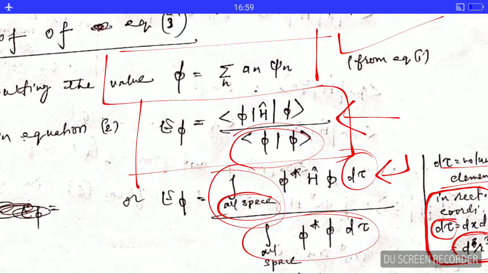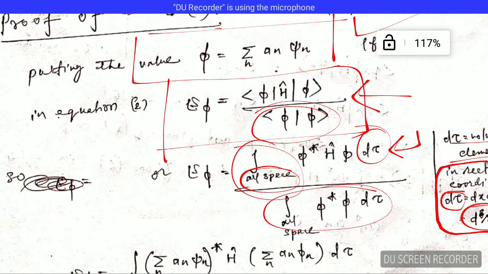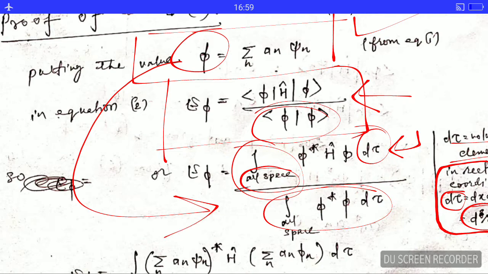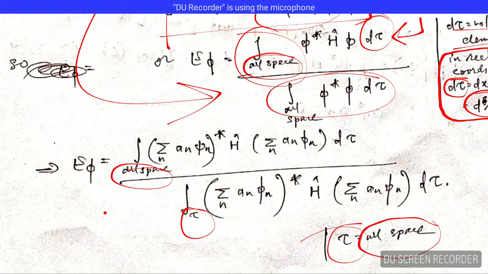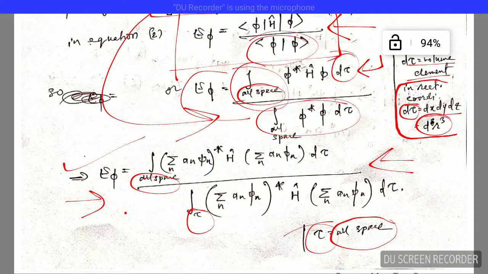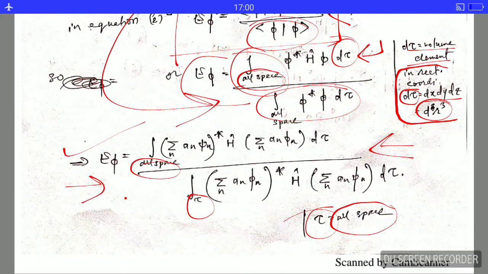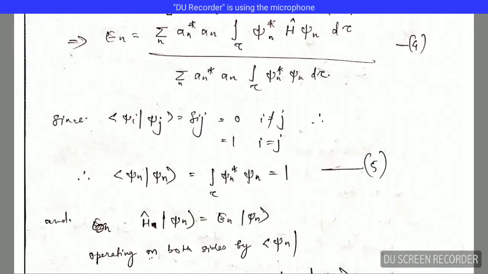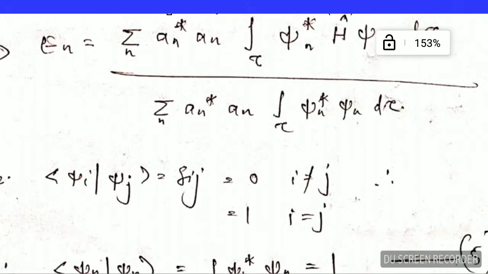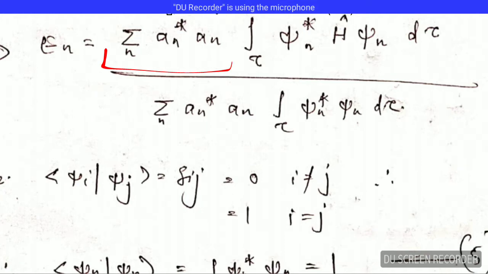So now I have plugged the value of this phi from this equation into this equation everywhere, so that becomes like this. This part was a constant, so it came out of the integration, and this was also a constant, so it came out of the integration.